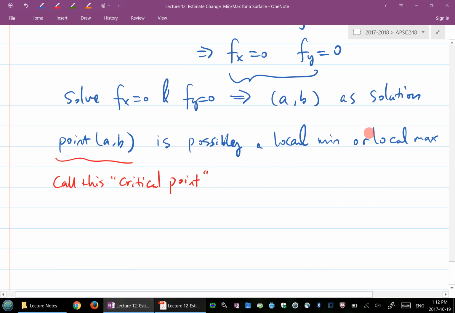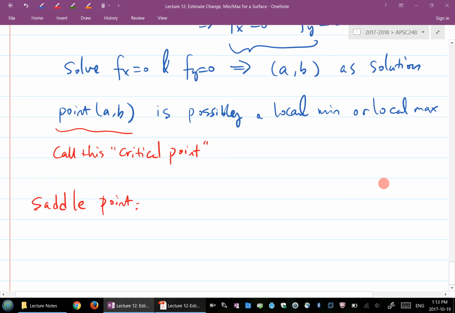So now, more precisely, what is a saddle point? I think we talked about this already in the previous lectures.